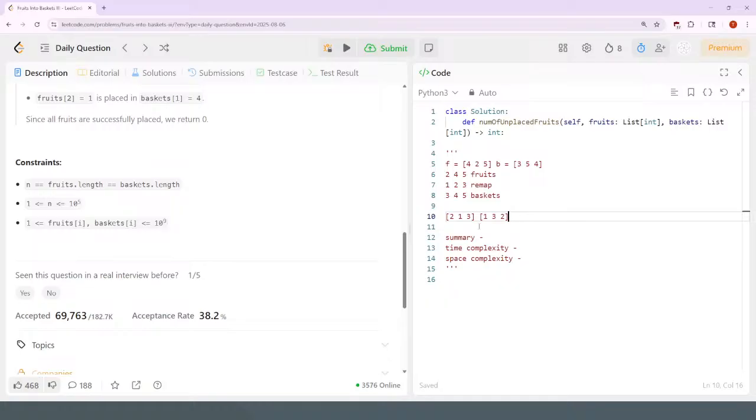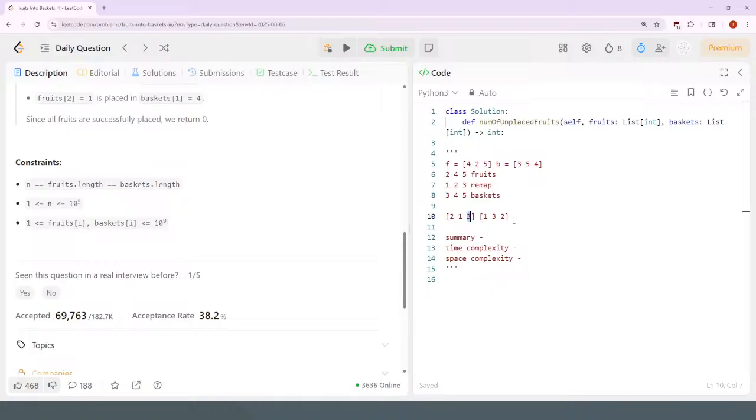So if I see 2 in the fruits, that means that it needs to remap to a basket that is 2 or higher. And if I see 1 in the fruits, that remaps to something that is 1 or higher. See 3 in the fruits, that maps to something that's 3 or higher.